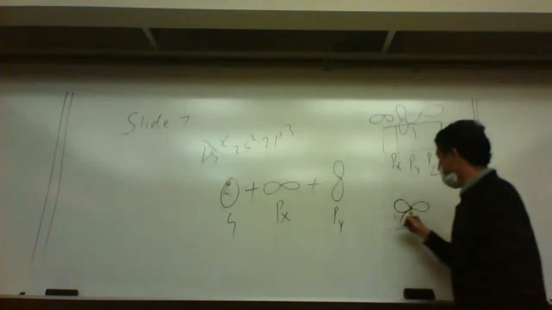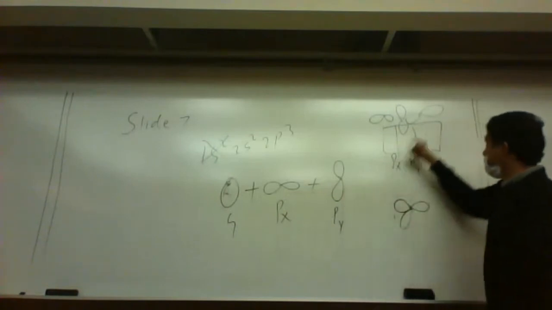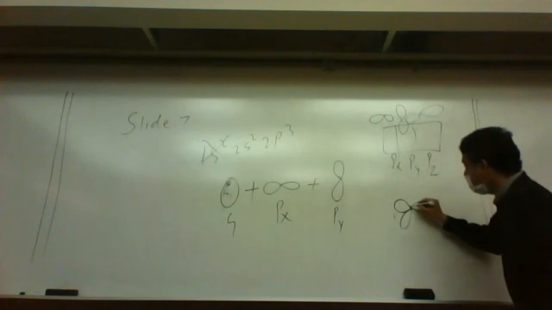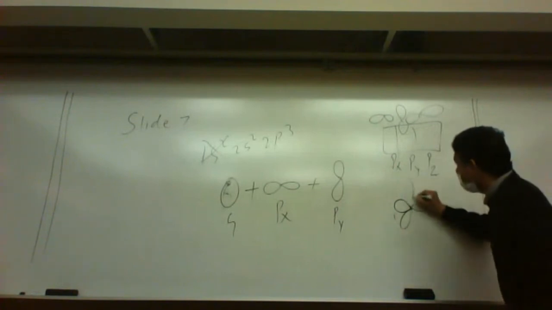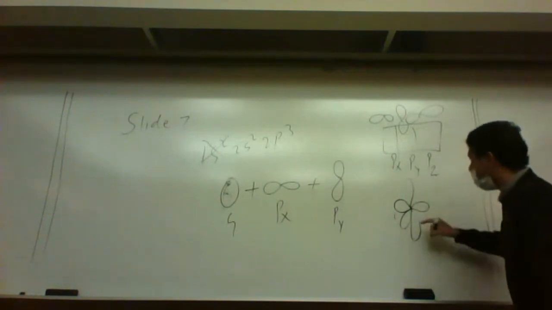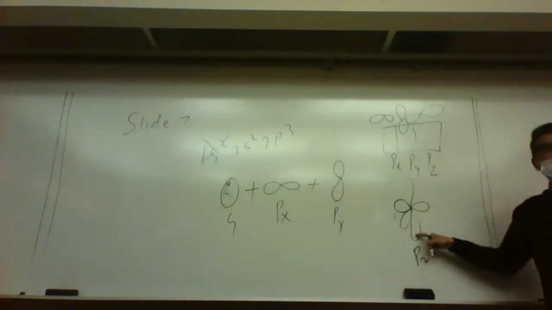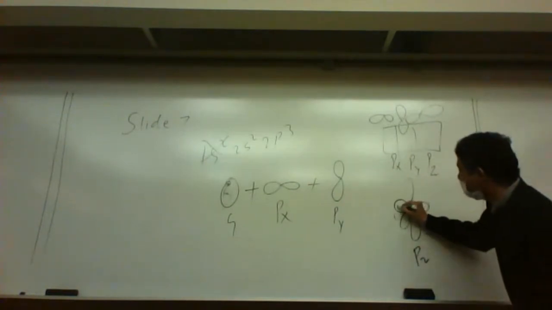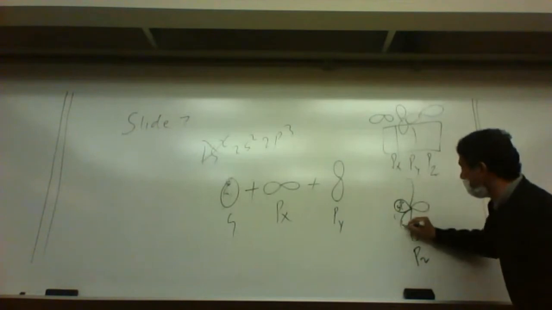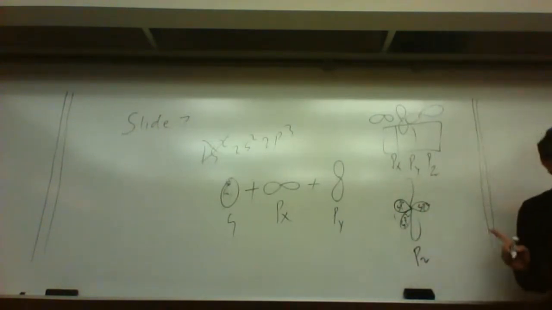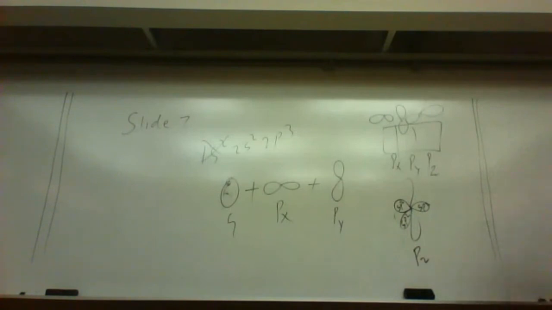I have a px, I wrote the py, but the pz I have not taken into consideration yet, right? So this guy going up and down is a pz, but this one is sp2, this one is sp2, this one is sp2. Make sense? The pz orbital did not hybridize, so pz just stays there.